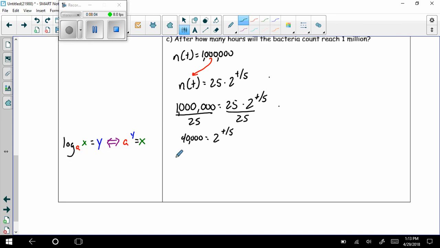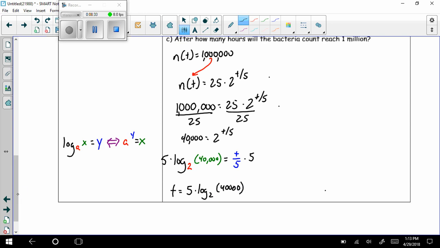So I can rewrite this as log base 2 of 40,000 equals t over 5. Our last step is just isolating the t, so multiplying by 5. We're left with t equals 5 times log base 2 of 40,000.